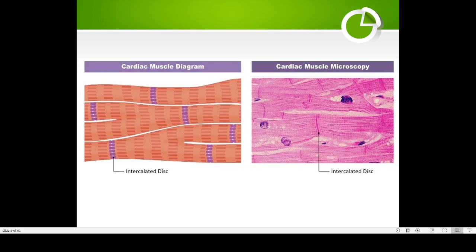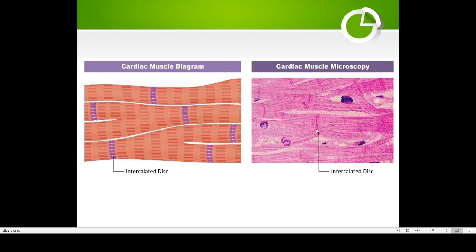Unlike other types of cells, we cannot see any intercalated disc in either skeletal cells or smooth cells. They are only present in cardiac muscle. This is also a picture of the cardiac muscle as seen under a microscope. If you take a microscope and observe it, this is a picture of real cardiac muscle.